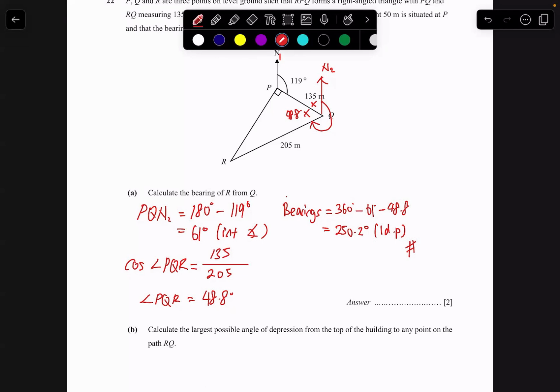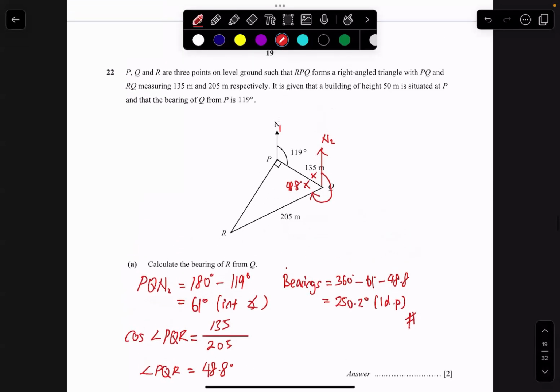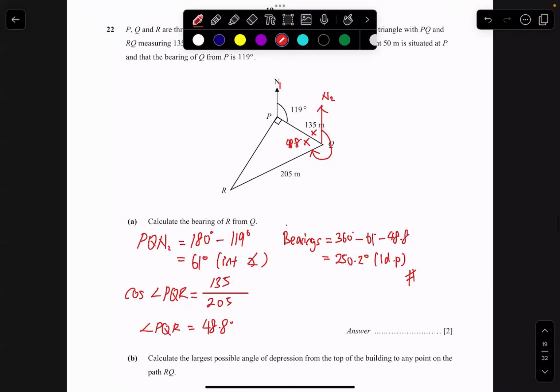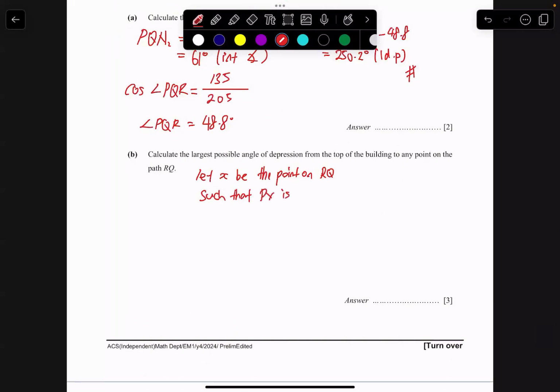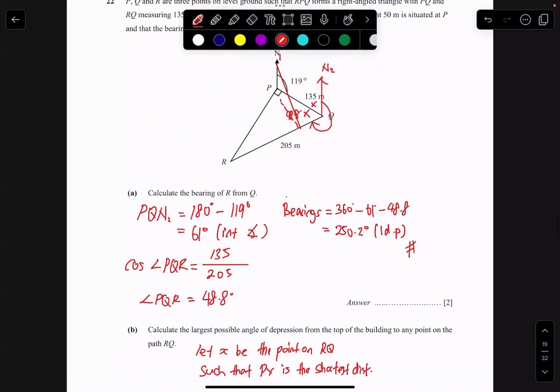Calculate the largest possible angle of depression from the top of the building to any point on the path RQ. Along RQ, we want to find the greatest angle of depression, which means towards the shortest distance. Let X be the point on RQ such that PX is the shortest distance. Knowing that this angle is 48.8, we can find the shortest distance.